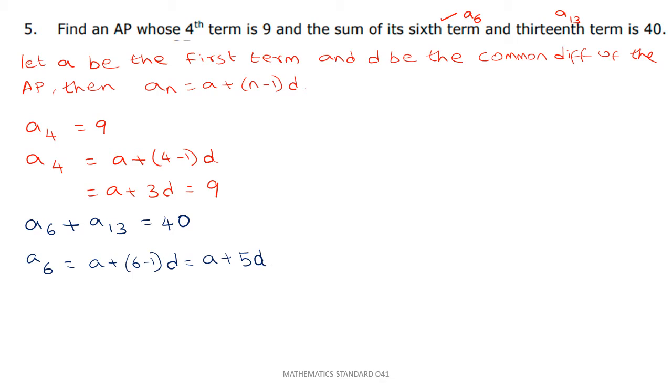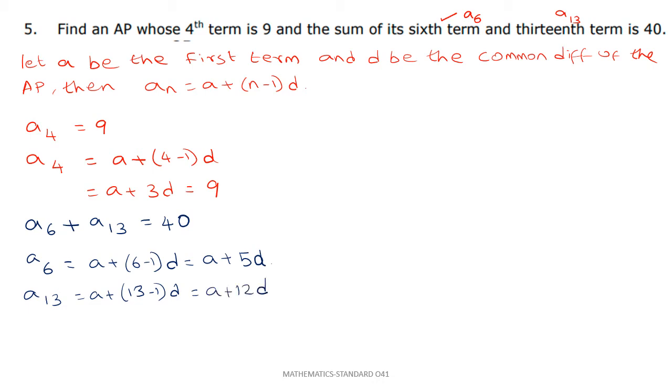So in simple, if it is A6, then it is A plus 5D. Just reduce one number, that's it. So A13 will be A plus 13 minus 1 times D, which will give you A plus 12D.